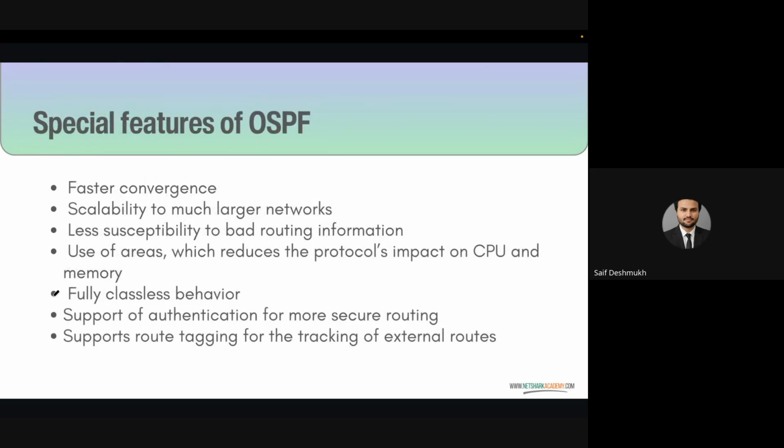Special features: if we talk about why OSPF is a big deal, apart from being a link state routing protocol, it's convergence. But I would give credit for convergence to IGRP. OSPF is actually a highly scalable routing protocol because of its native features.